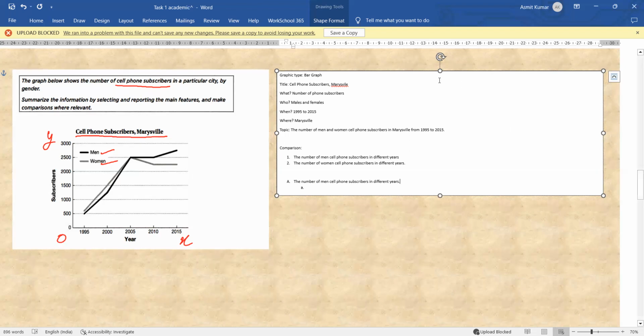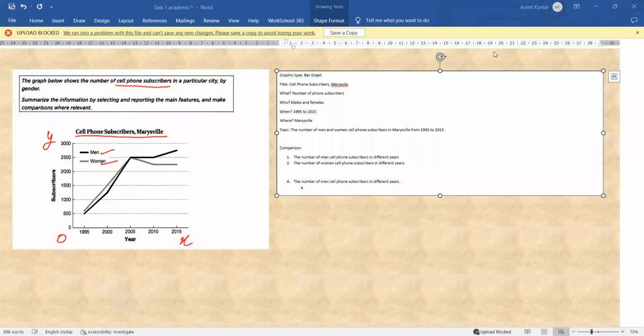This we have written. Now we have to make comparisons. We have to note down all the significant trends here, all the main points. Let's start. So the most important thing is what we are going to write about the number of men cell phone subscribers in different years. So I'm going to write the details about it. And what could be the details here? Whatever is visible here, we are going to write.